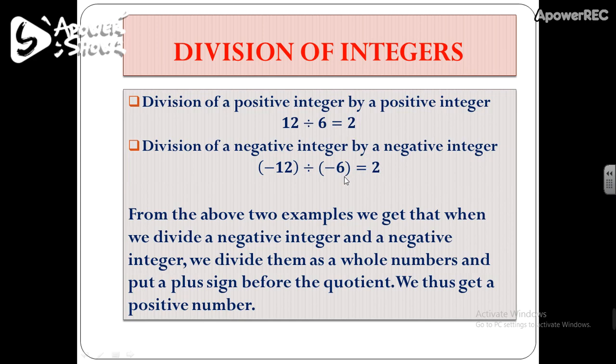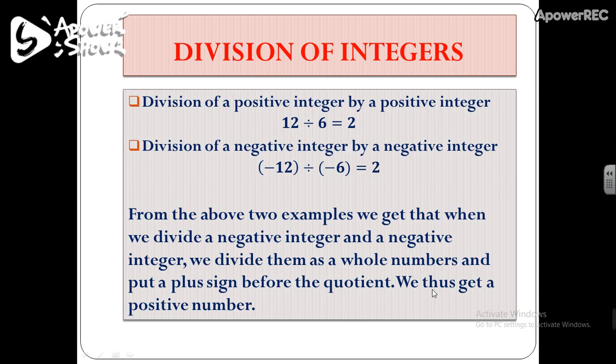So from these two examples we get that when we divide integers with the same sign, we first divide them as whole numbers. So we just divide 12 by 6 and the answer is 2, and then we just put the plus sign before the answer. So we just put the plus sign before 2.